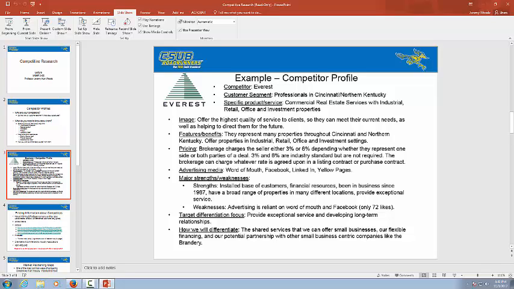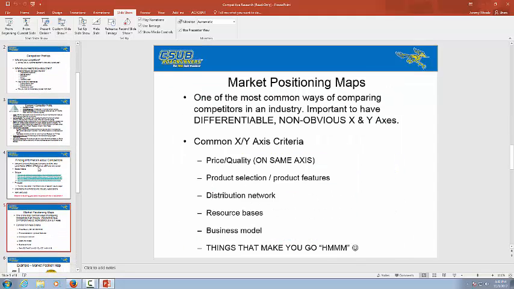Let's talk a bit about market positioning maps now.